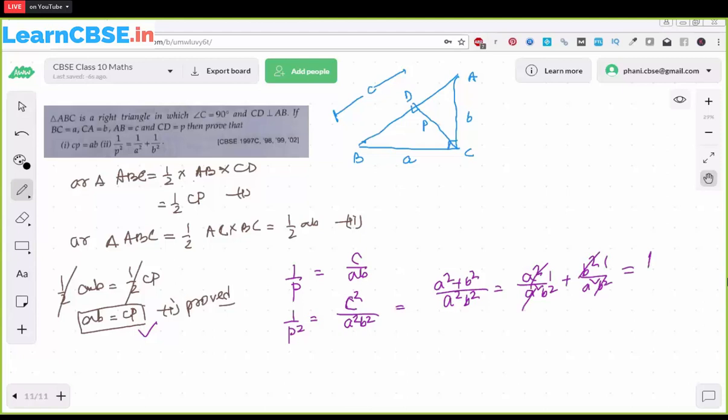So it's coming out to be 1 by B square plus 1 by A square, or 1 by P square equals 1 by A square plus 1 by B square. That is what I need to prove in the second part of the question.